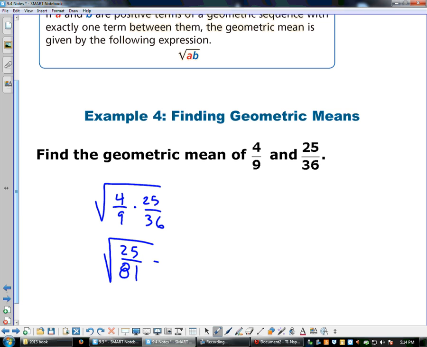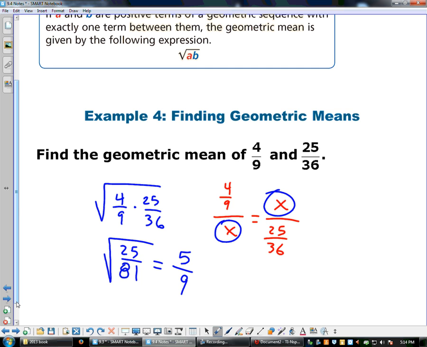And square root of 25/81 is 5/9. And if you remember from geometry, the way we would set this up is we would say, what is the geometric mean between 4/9 and 25/36? So we would set up x as the geometric mean, and it would go here and here in our proportion.